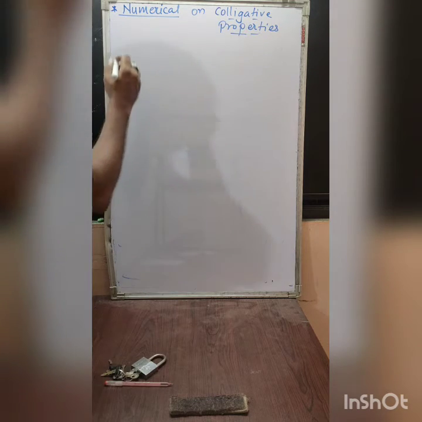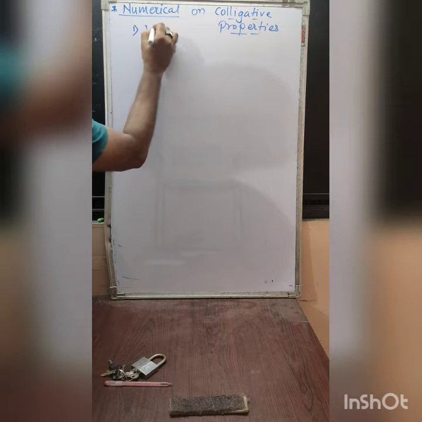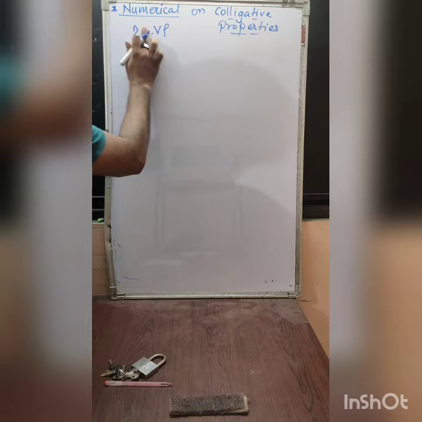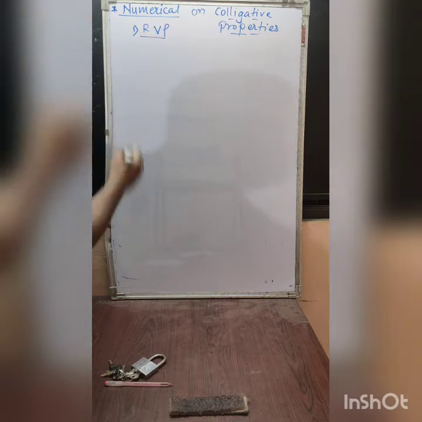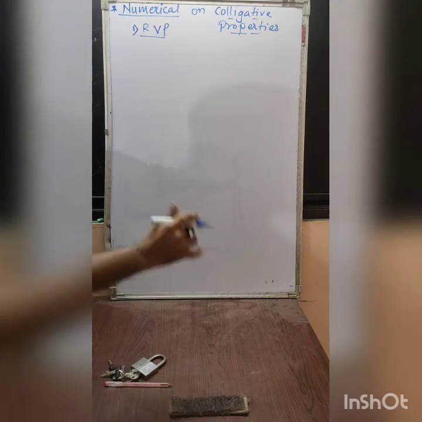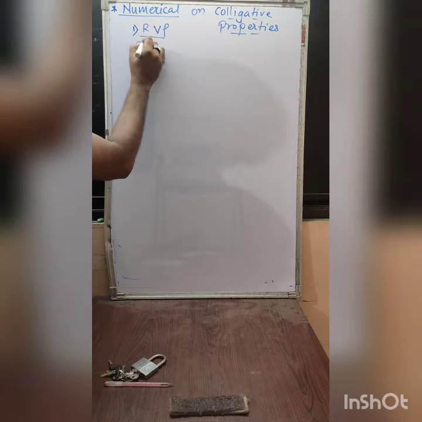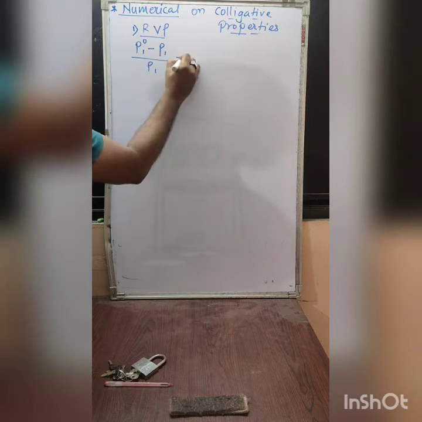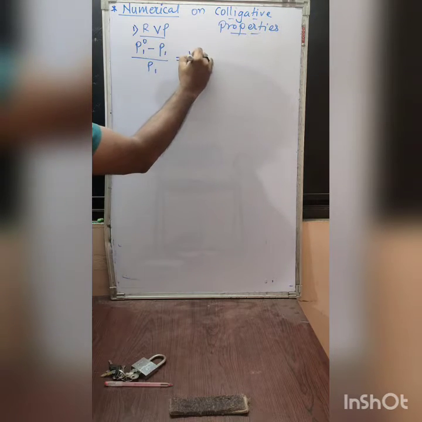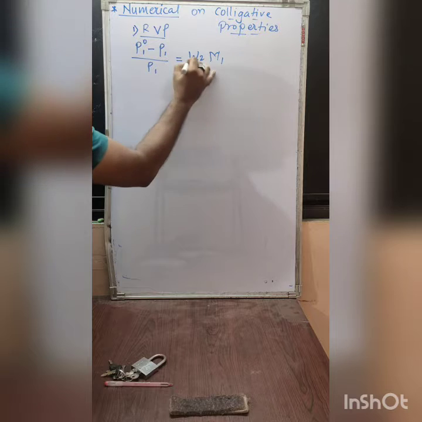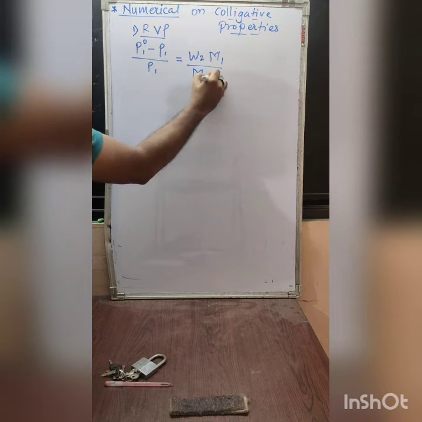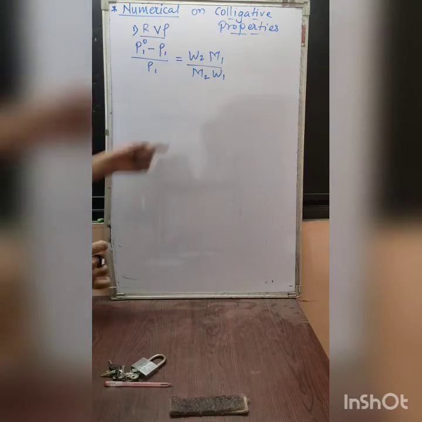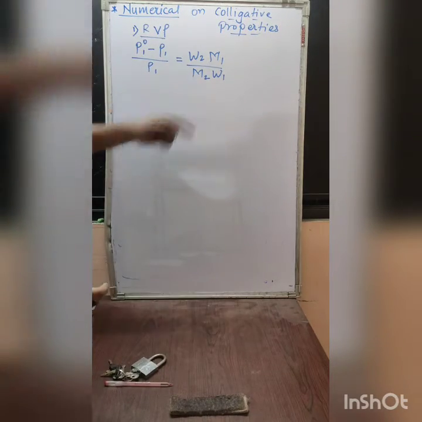The first colligative property is relative lowering of vapor pressure, with the formula (P1⁰ − P1) upon P1⁰ is equal to W2 M1 upon M2 W1. This is the first formula, in terms of the molar mass of the solid.